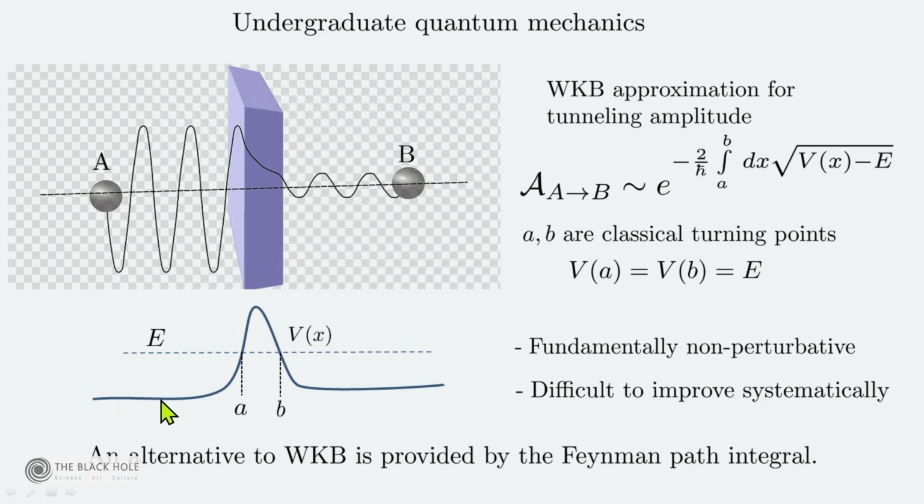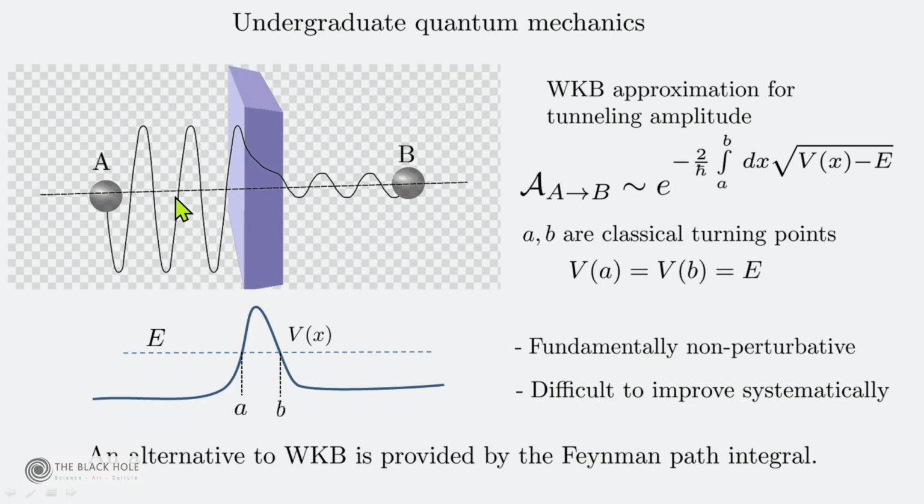So in terms of an arbitrary potential barrier, it's here. So here's V of x. Here's the particle which has got insufficient energy E to surmount the barrier. And it would be sent back, except for the fact that it can tunnel across, which means that its wave function is non-zero inside.